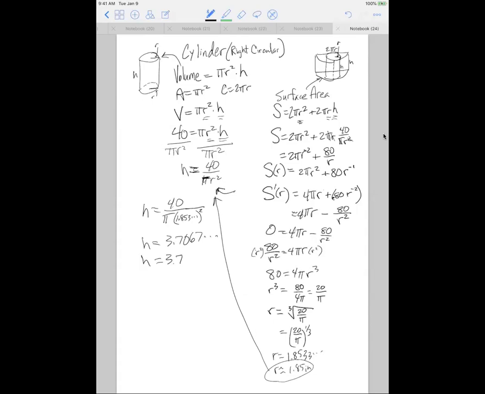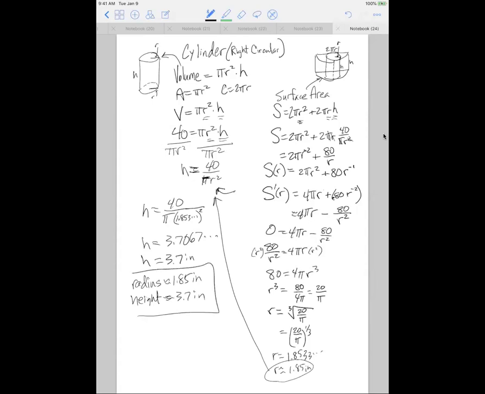So the height equals 3.7 inches. Remember, we used r to represent radius and h to represent height. So a good answer would be that the radius is approximately 1.85 inches, and the height of the can is approximately 3.7 inches.